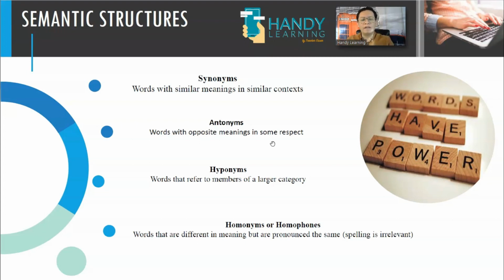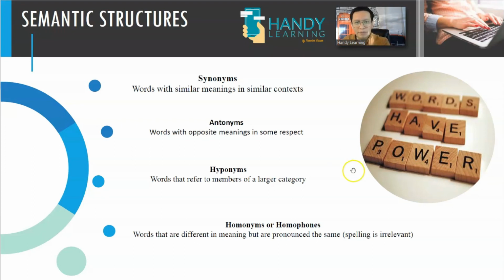For example, if I say sports, sport is the hypernym. The hyponyms of sport could be football, basketball, tennis, and any other that belongs to that category. So I repeat, a hypernym is the category. A hyponym is the word subordinated to that category.